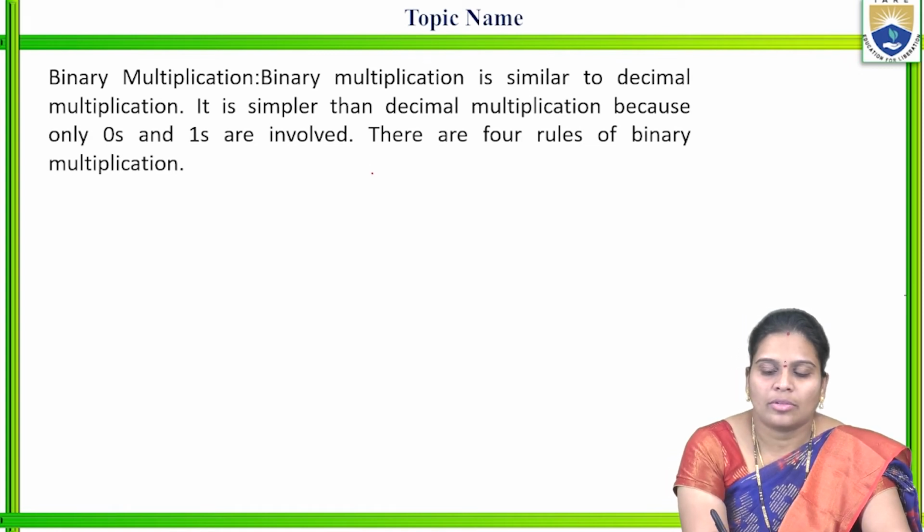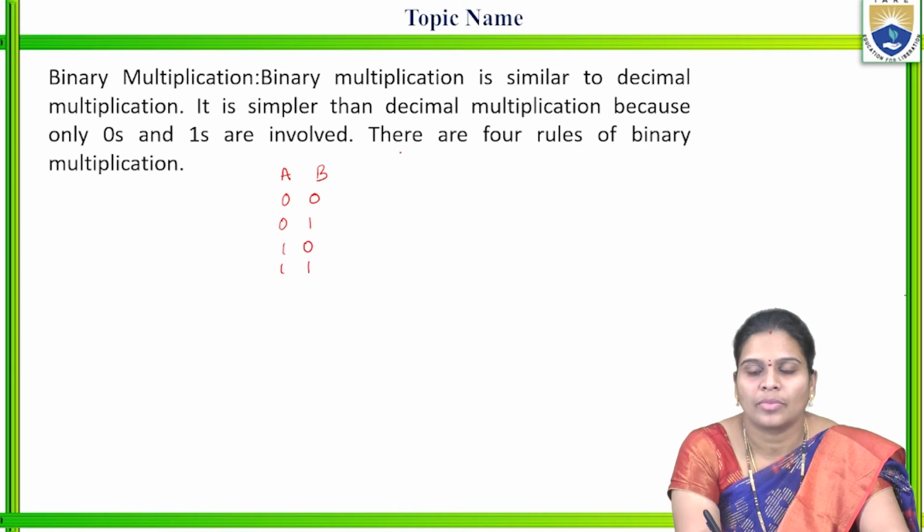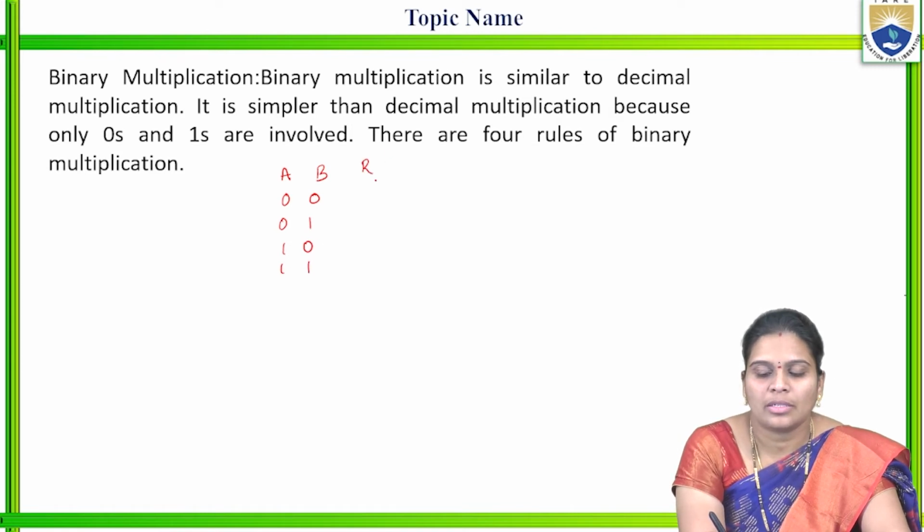Taking the 2 inputs A and B: 0, 0, 0, 1, 1, 0 and 1, 1. The result is 0, 0, 0, 1. Multiplying any bit with 0, we get 0. So 1 into 0 is 0, 1 into 1 is 1.